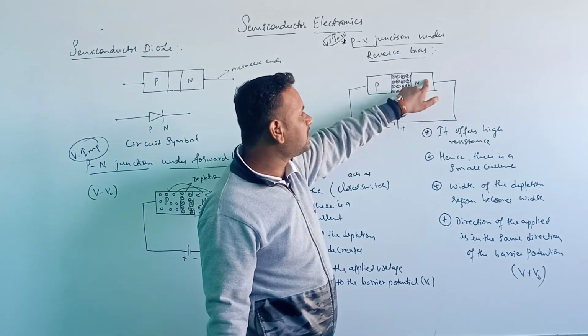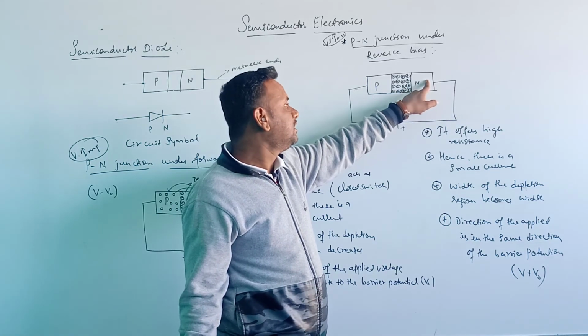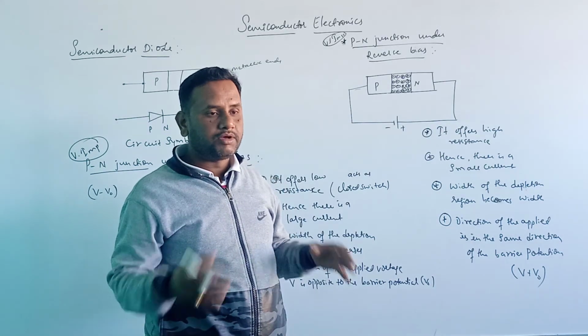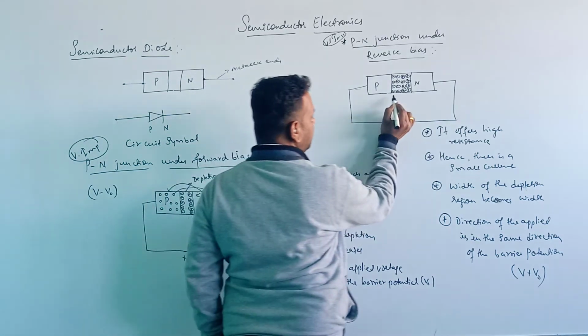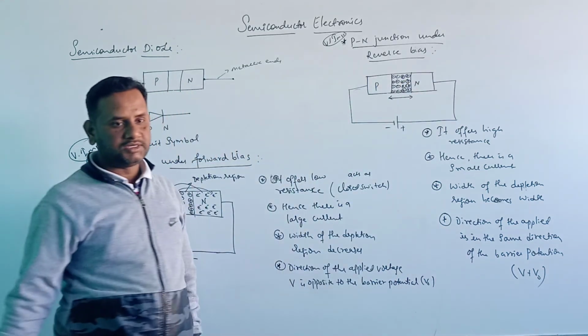Electrons are the negatively charged carriers, and hence they are attracted towards the positive terminal of the battery. Due to this, there will be an increase in the width of the डिप्लीशन रीजन.